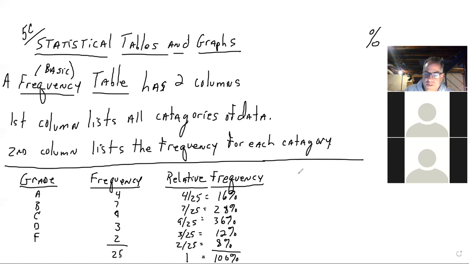Now, another column that you will see added on frequency tables is cumulative frequency. Okay, so now this is just frequency, so it's not percentage. It's not like relative frequency.